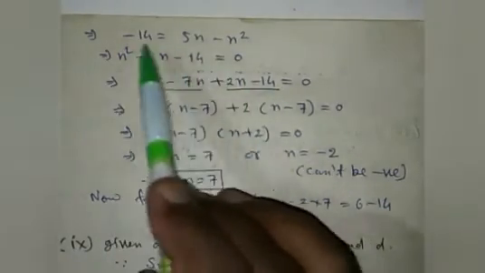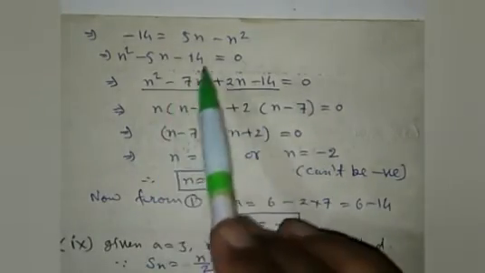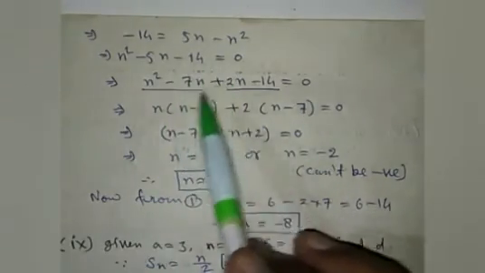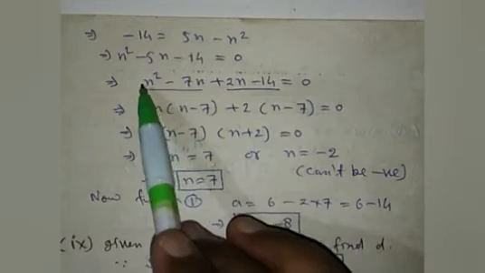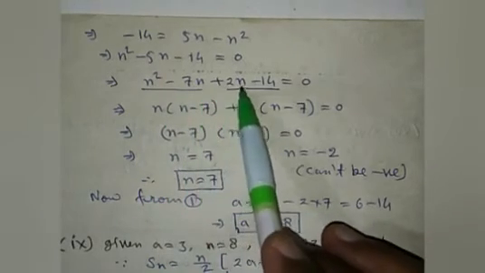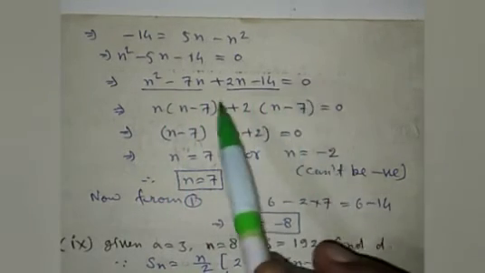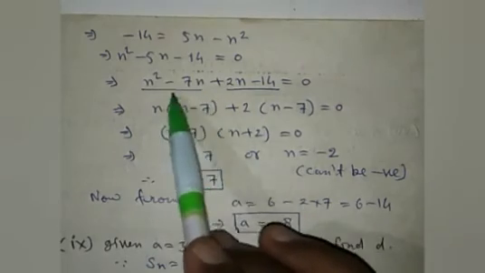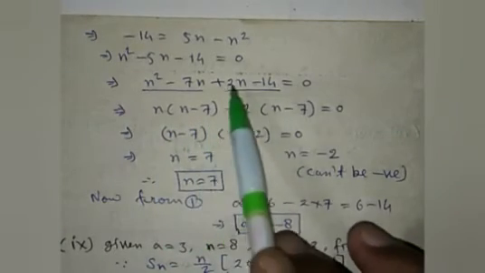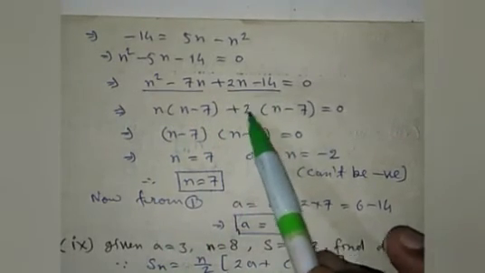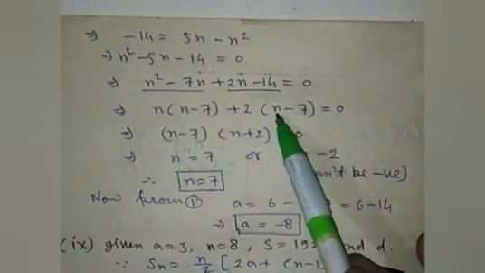Here we split the middle term using the factors of 14. So it will be n square minus 7n plus 2n minus 14 equal to 0. Grouping two terms together, taking common n in the first two terms, you will get n into (n minus 7), and taking common 2 in the last two terms, you will get 2 into (n minus 7).